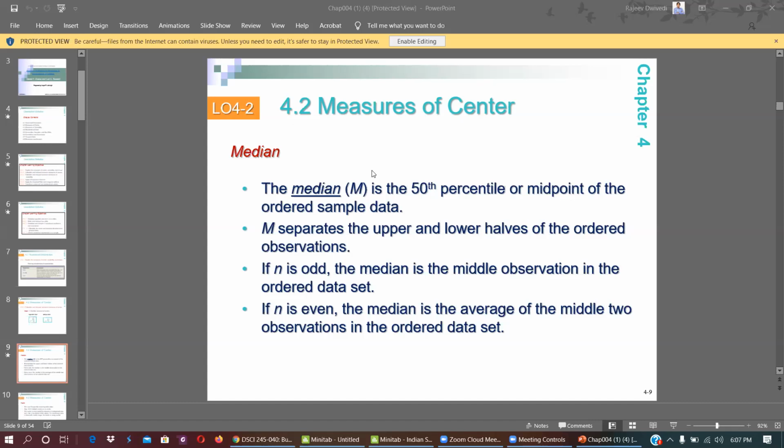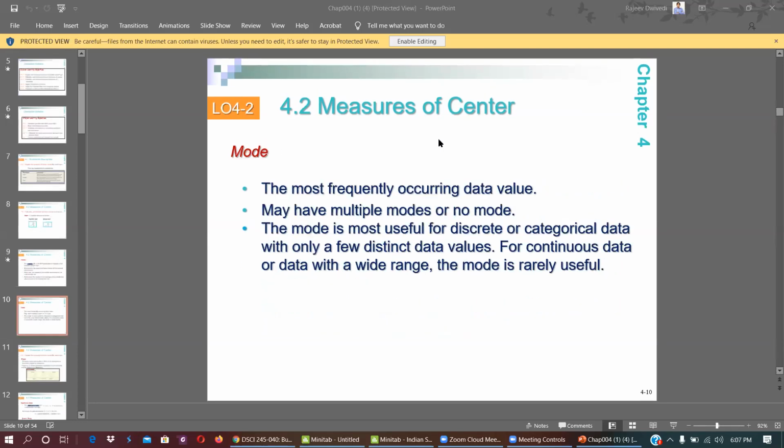If there are 25 students, the 13th value is the median. If there is an even number of observations, let's say 26, then the average of the two middle numbers, the 13th and 14th, will be the median.